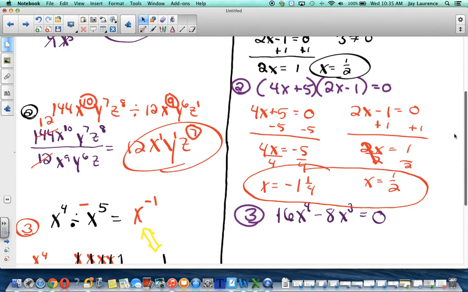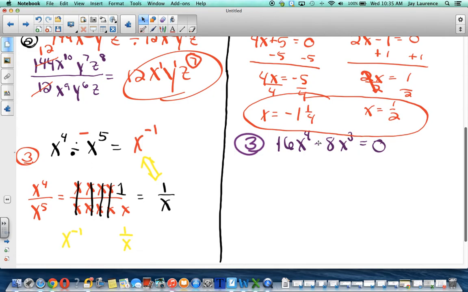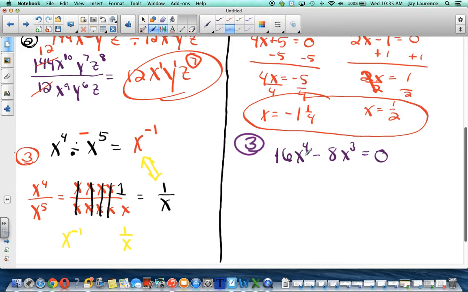All right, one more. We're going to get some practice with this in class. Let's find the GCF. And I think in this case, it's going to be an 8x cubed, right? And so I'm going to divide by an 8x cubed.